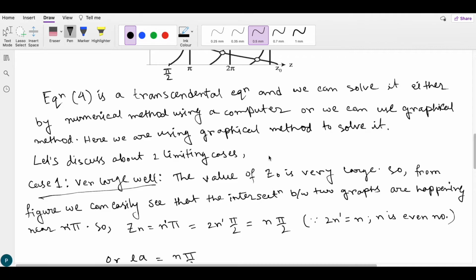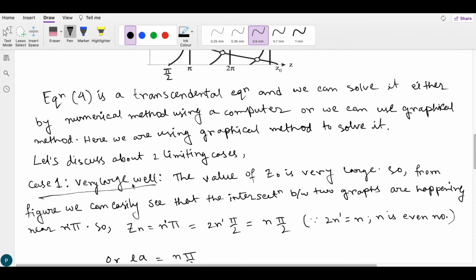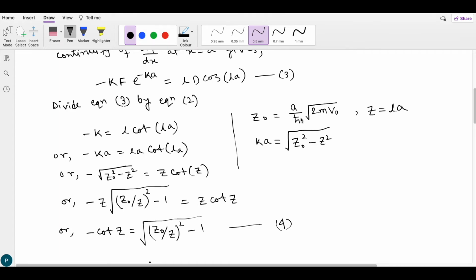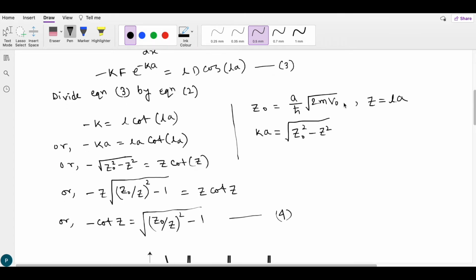Case 1 is a very large well. Very large well means very wide. So we know that z naught is given by a by h cut root over 2m V naught. So this is somehow the measure of the strength of the potential or the size of the well.